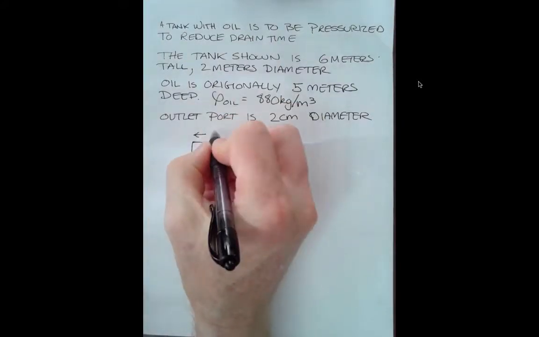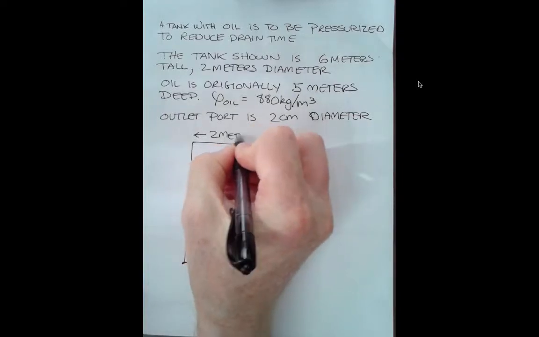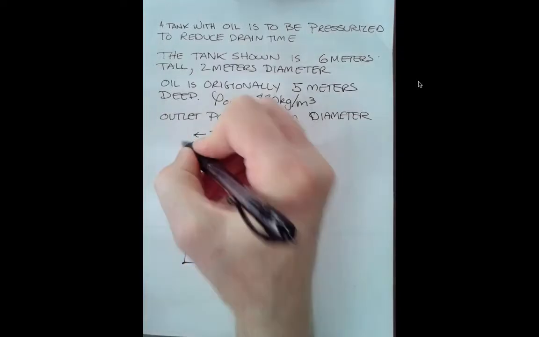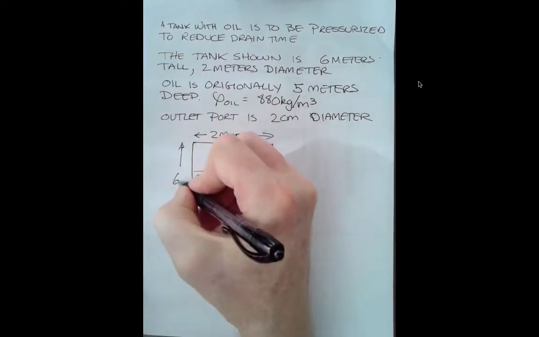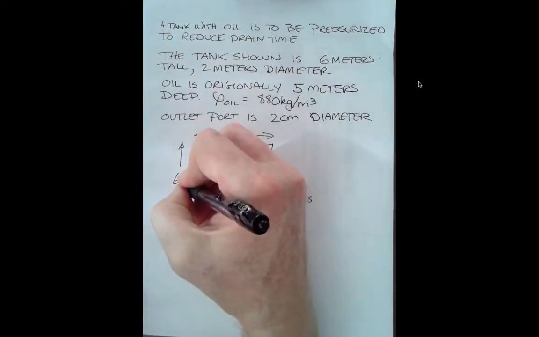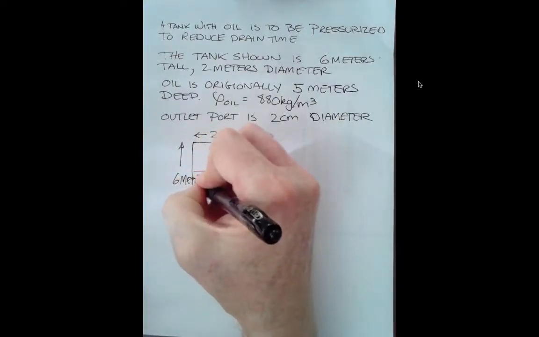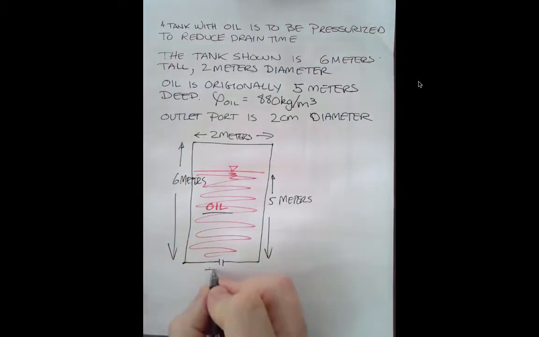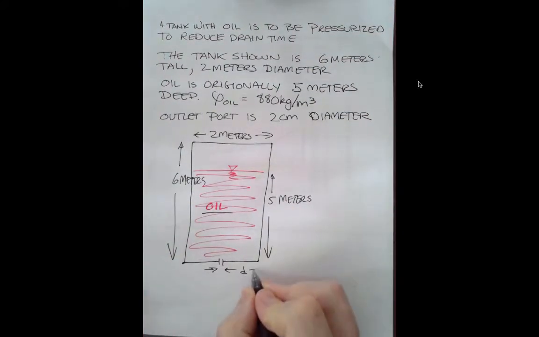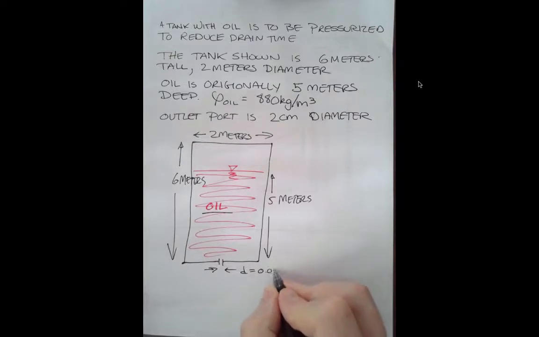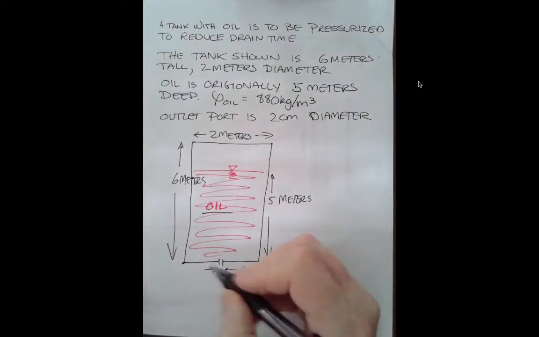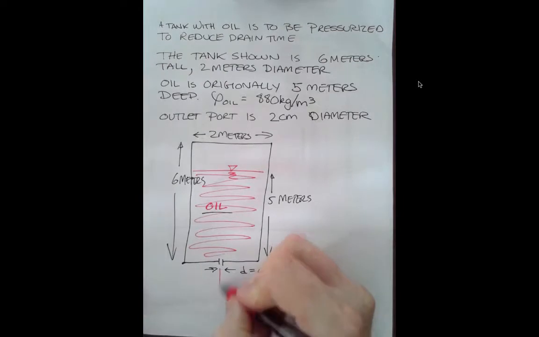Tank diameter is 2 meters. Total tank height is 6 meters. Outlet diameter is 0.02 meters. And the oil is going to come squirting out.